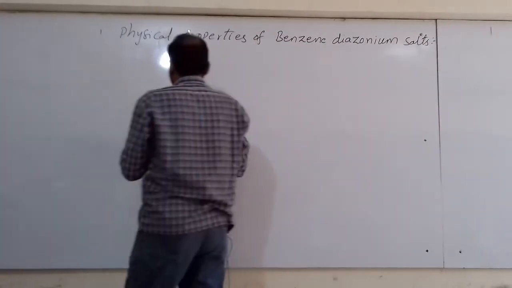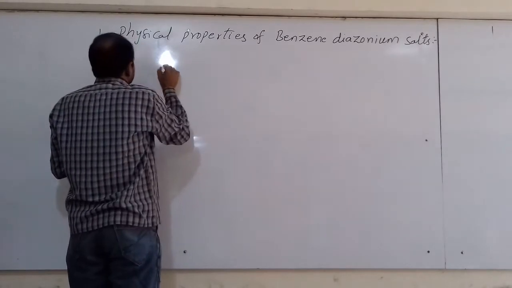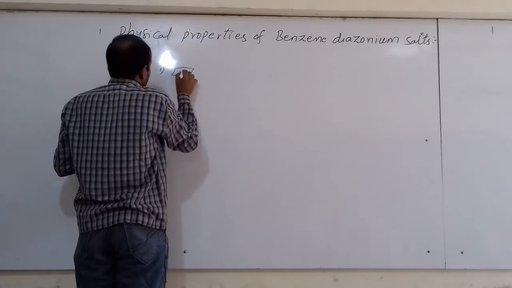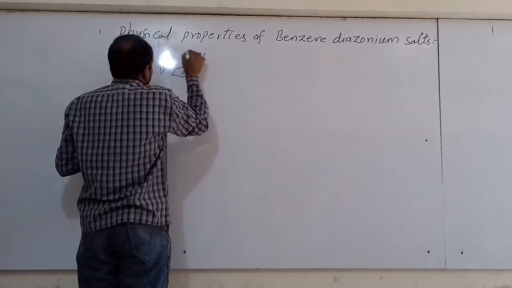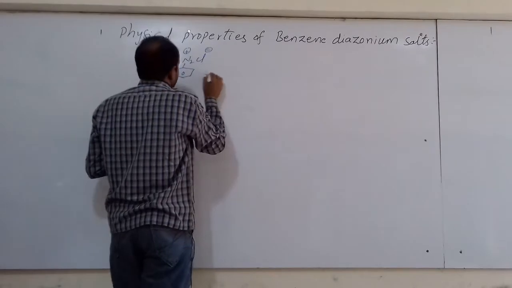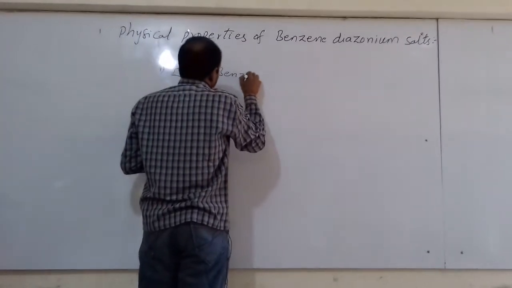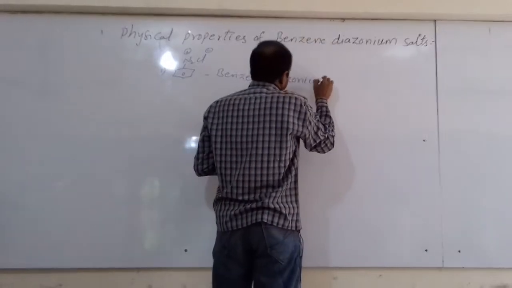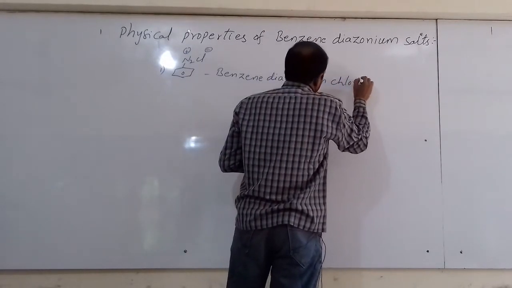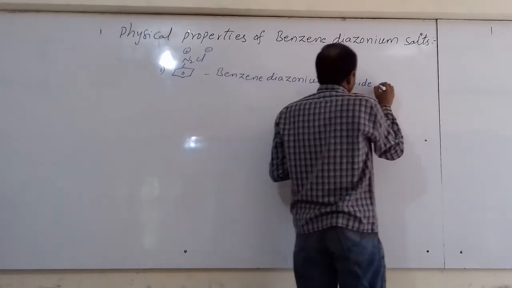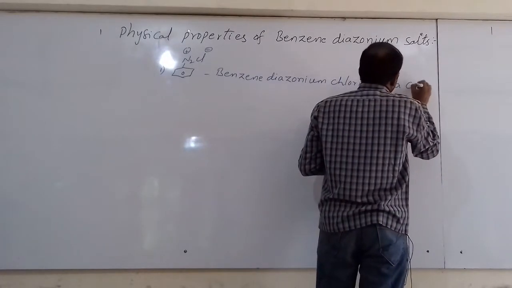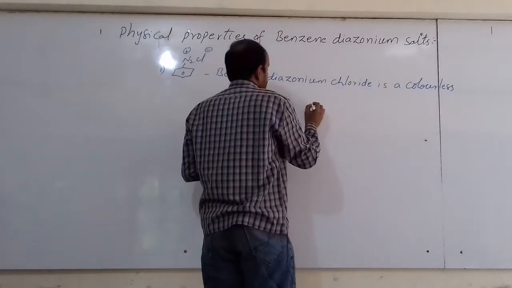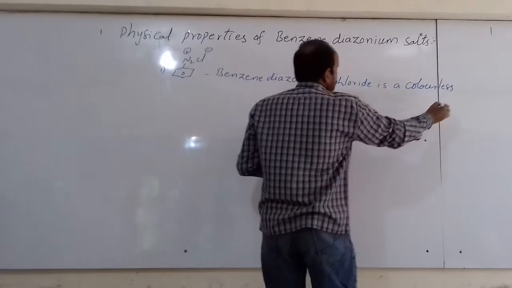Here, this benzene diazonium chloride, N2Cl. Benzene diazonium chloride is a colorless compound and it is a crystalline solid.